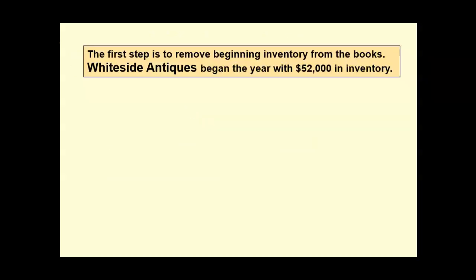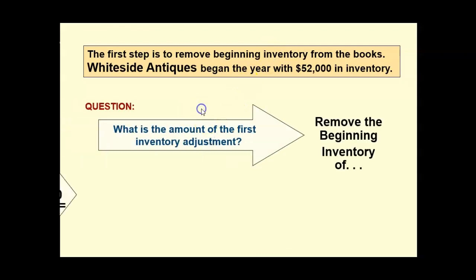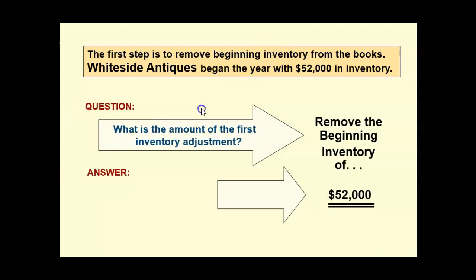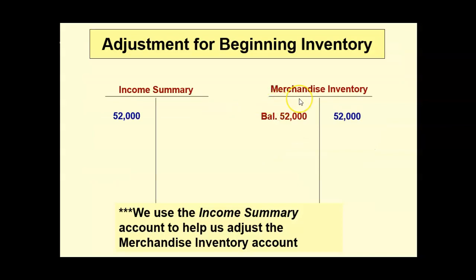So what do we do? First step, we have to remove from the account the beginning inventory balance. And again, that amount was $52,000. So as of right now, $52,000 is shown on the debit side of the merchandise inventory account. In order to remove the account balance, we're going to credit the account for the $52,000.